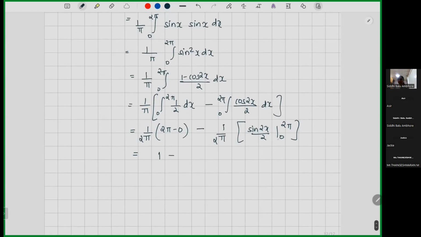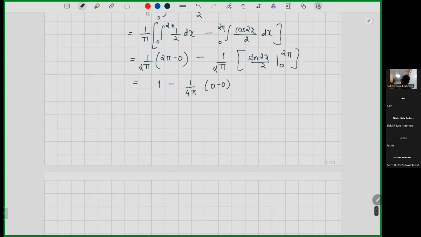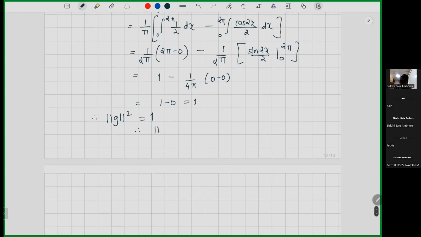Sine 0 is 0, sine 2 pi is also 0. So this is 0 minus 0, so 1 by 2 pi, 0 minus 0, or 4 pi, let me be precise. And this will be just 1 minus 0, so 1. Therefore, the norm of g square is 1. So therefore, the norm of g is 1.